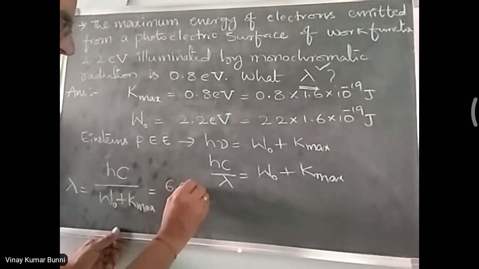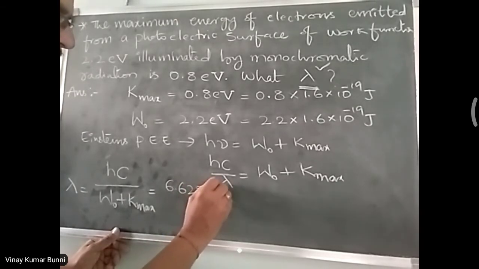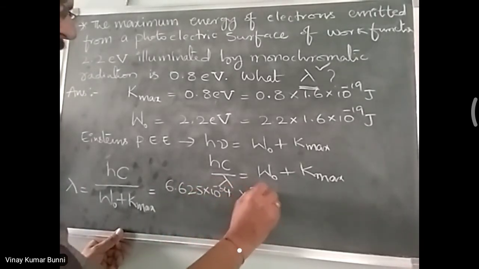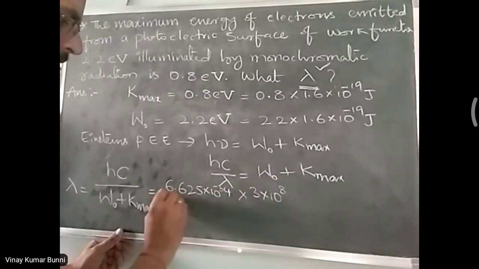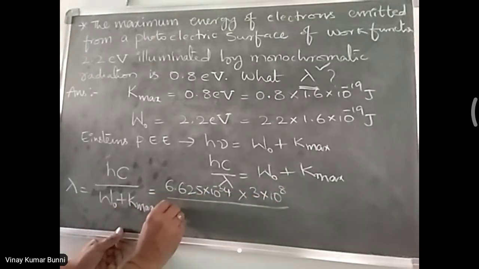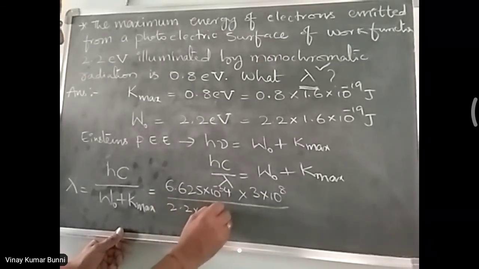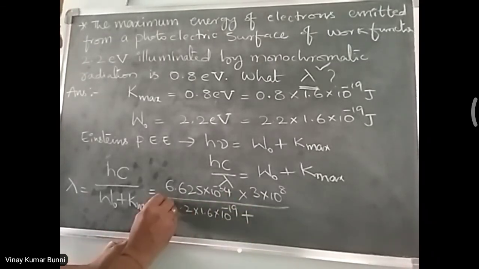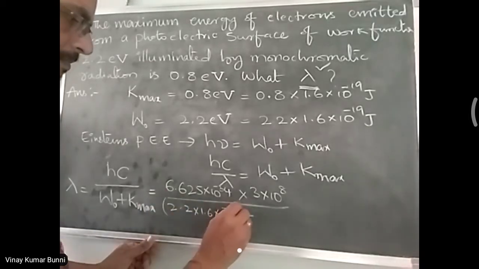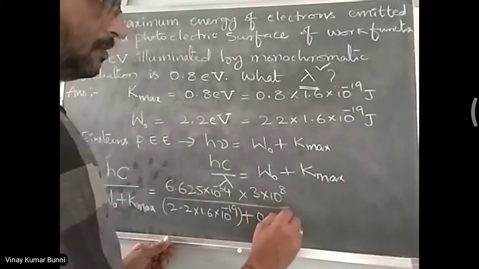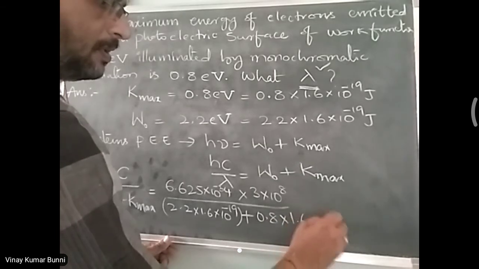6.625 into 10 power minus 34, into 3 into 10 power 8, by W naught, which is 2.2 into 1.6 into 10 power minus 19, plus K max, which is 0.8 into 1.6 into 10 power minus 19.